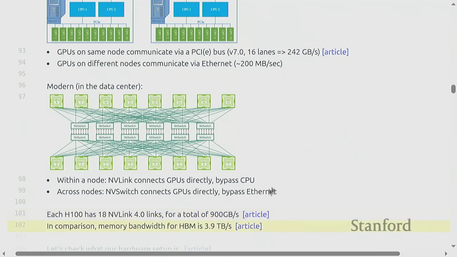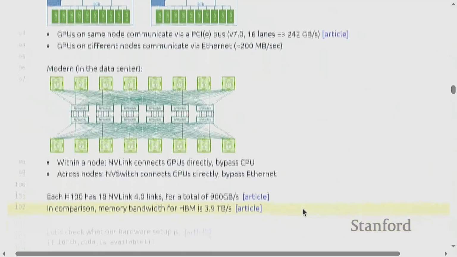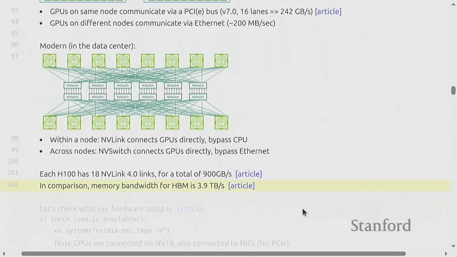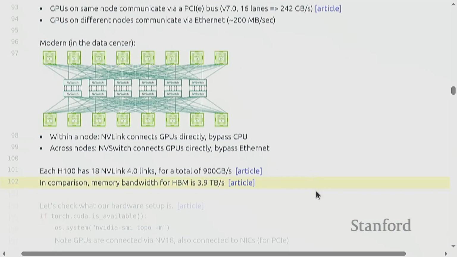In comparison, if you think about the cost of just going from the SM to reading from high bandwidth memory, that's still quite a bit faster by a factor of 4 or so. And of course, these numbers are constantly changing with the new Blackwells. This number is like 2 or 3 times more, I believe.